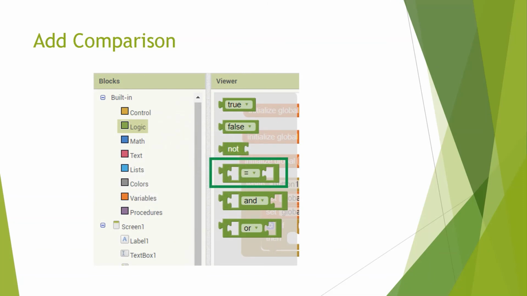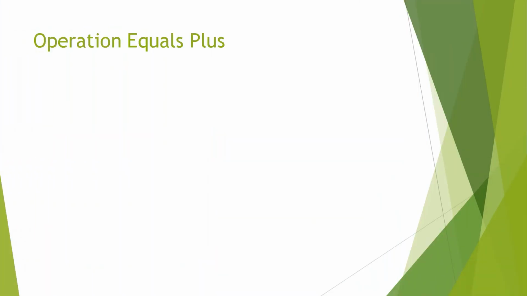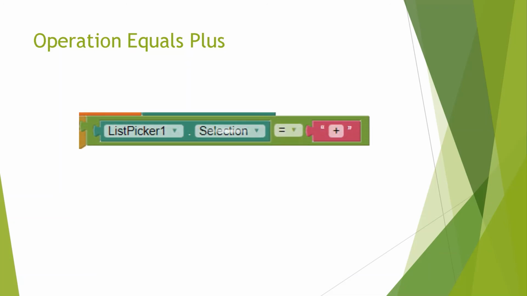Drag it as parameter for if condition. From left side blocks, select list picker 1.selection, drag it as first parameter for equal operation. Then select text, and drag empty text as second parameter. Change its value to plus.